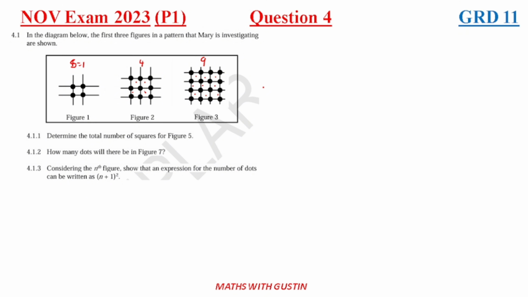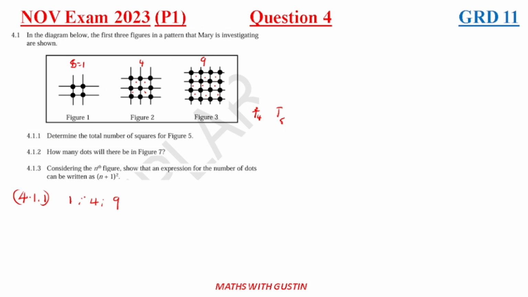So they want the number of squares in figure 5. So here we're going to have figure 4, and then somewhere here figure 5. Let me write these numbers down: 1, 4, and then 9.